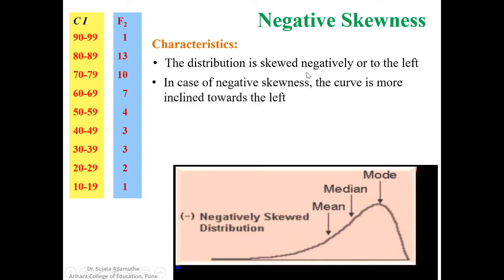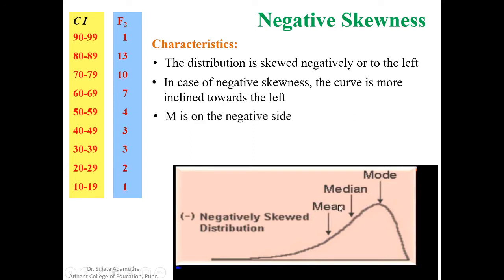The second characteristic is that in the case of negative skewness, the curve is more inclined towards the left. See, the highest frequency, then the lowest frequency, and so it is more inclined on the left side.